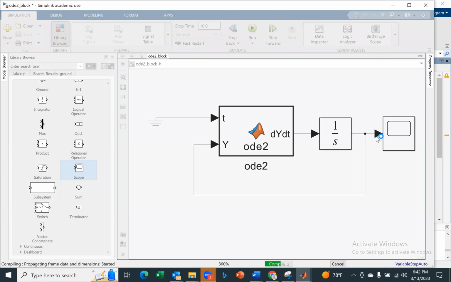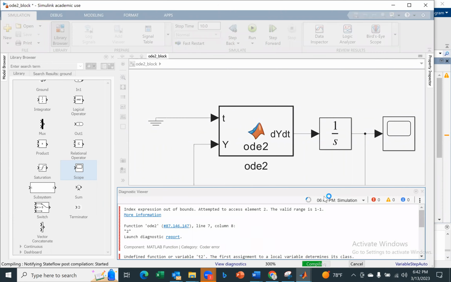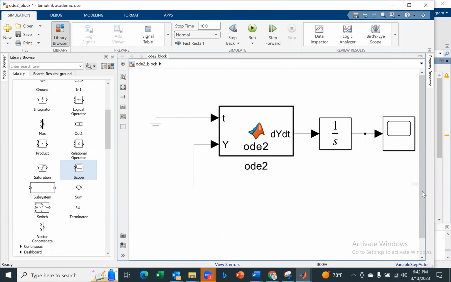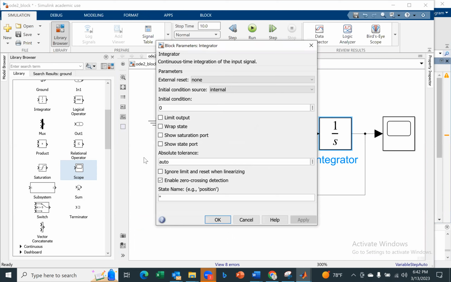But now you will notice nothing will happen, because you need to provide the initial conditions, 0.1, comma 0.1.